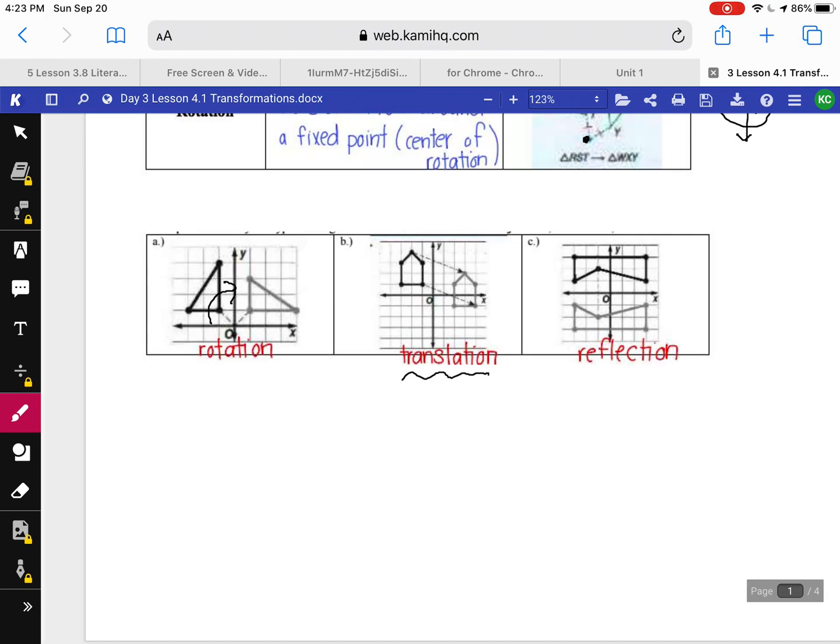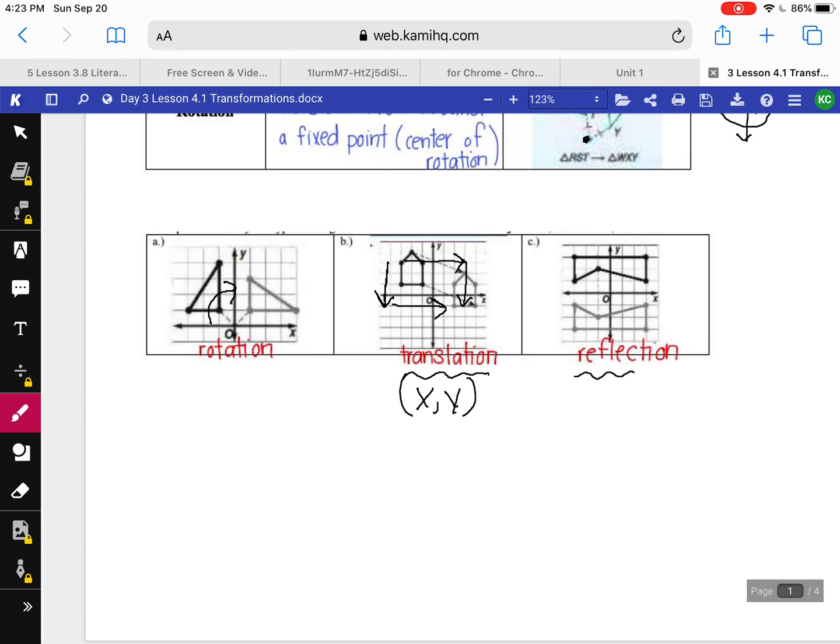For our translation, we can see that we are sliding our initial shape and it is moving down and to the right. Now we also are going to think about how is that related to your X and your Y. So really, I should have said, let's go to the right and then down. Okay, so we're sliding shapes.